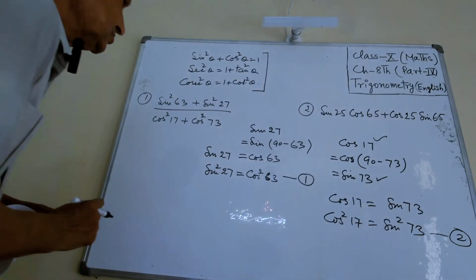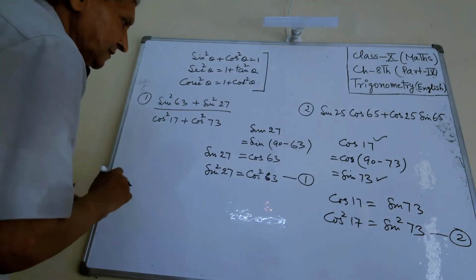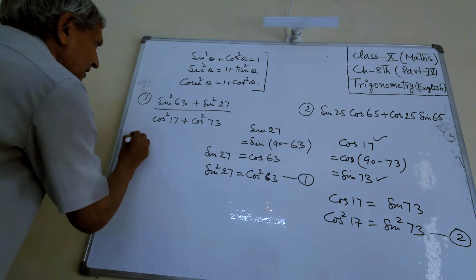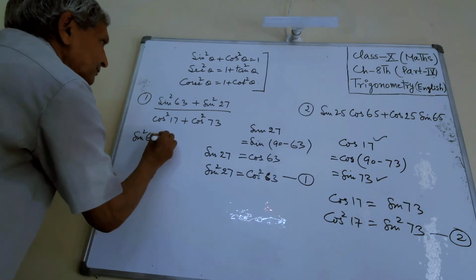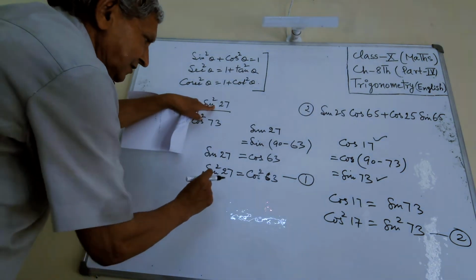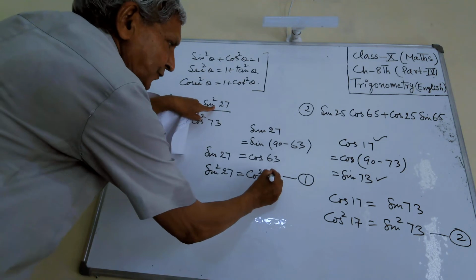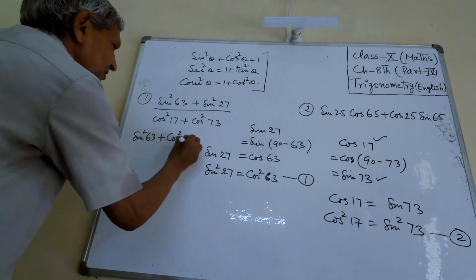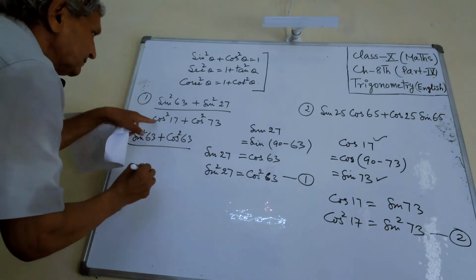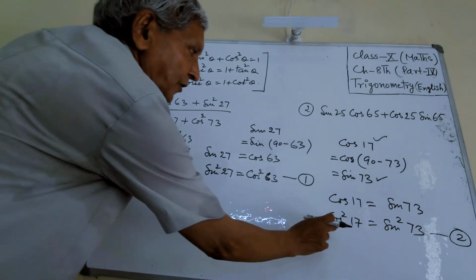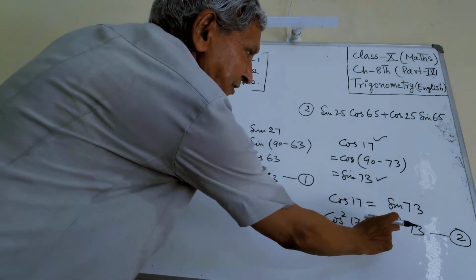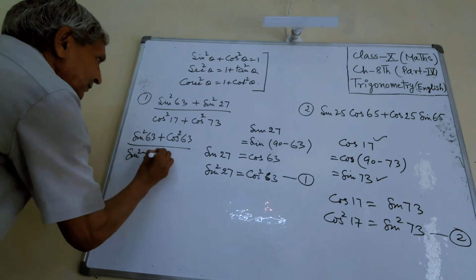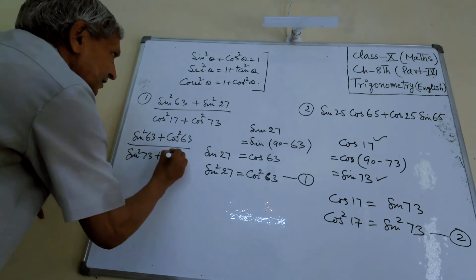Now putting these two values in here: sine square 63 plus sine square 63 upon, from the first result, cos square 63 plus, from the second entry, sine square 73, plus cos square 73 as it is.